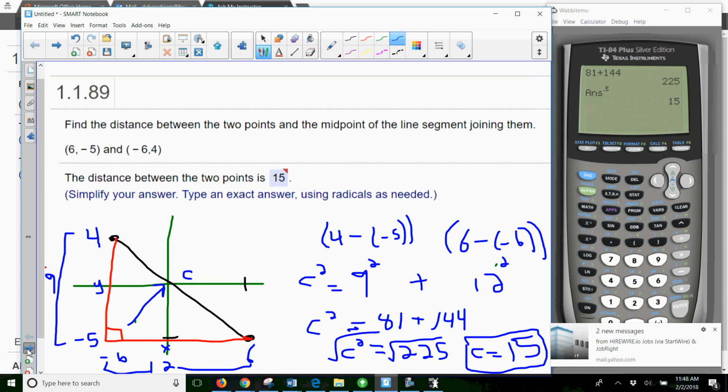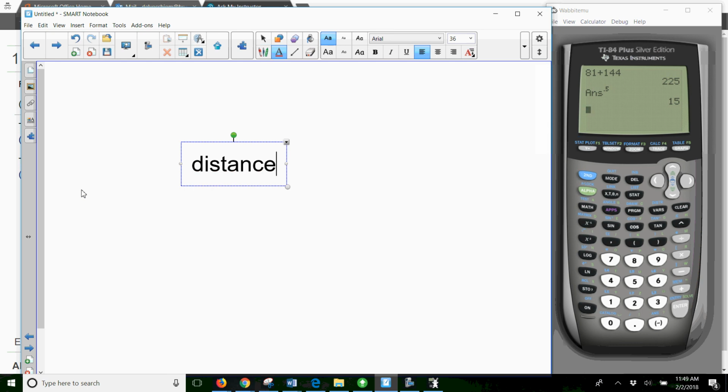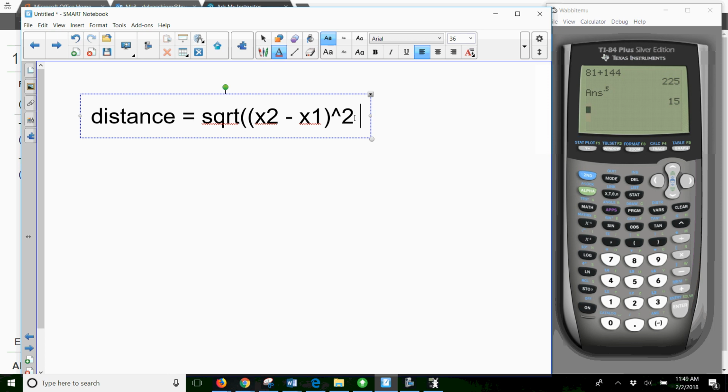So if we go to this next page, the distance formula is going to equal the square root of the x component squared, which is x2 minus x1, plus the difference in the y component squared, y2 minus y1.